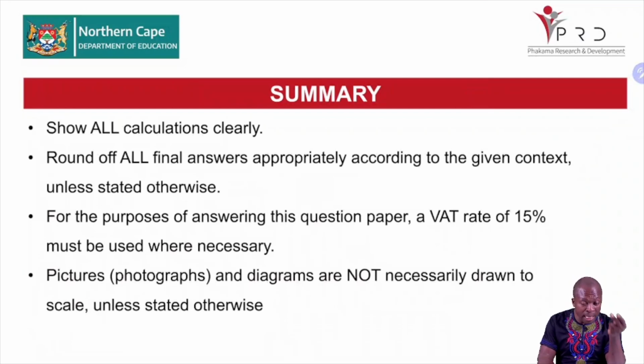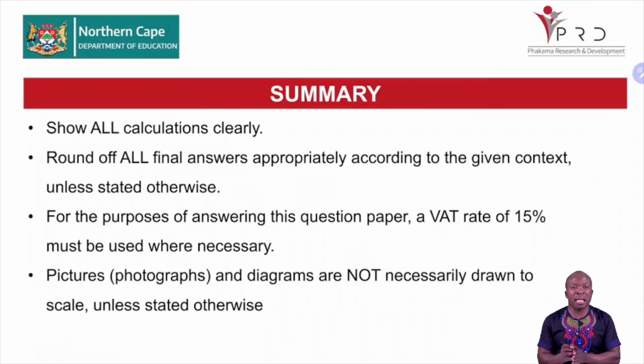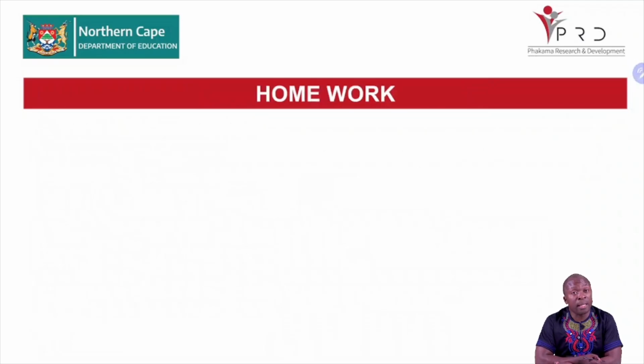If you get the question paper, remember that in this examination that you are about to write, that is 15%. Not 16, not 14. Then, when you see pictures, please don't forget, they may not necessarily be the right size.